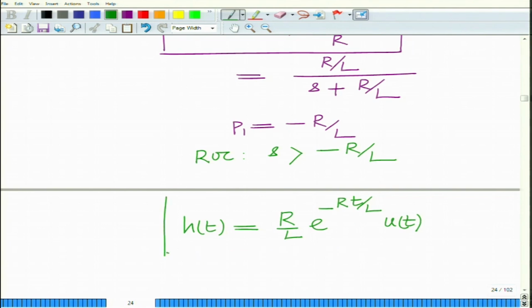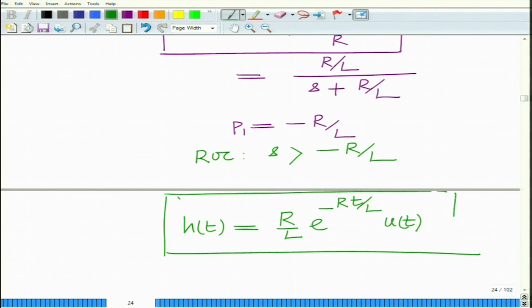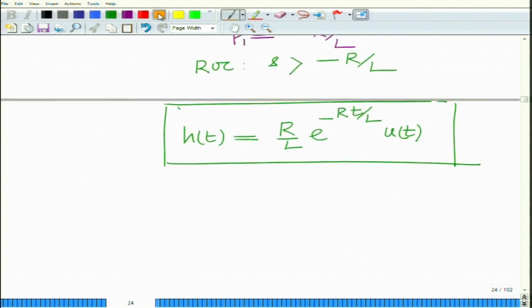So this is the impulse response of the RL circuit.